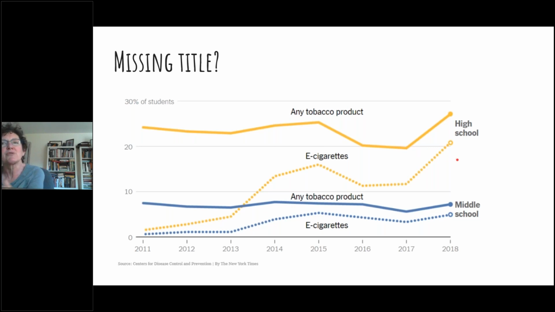And so e-cigarettes were originally introduced to help adults quit, but it became the cool thing, right about 2013, for high school kids to do. And once they started doing it, look who followed behind, middle school students. So this has been very interesting.